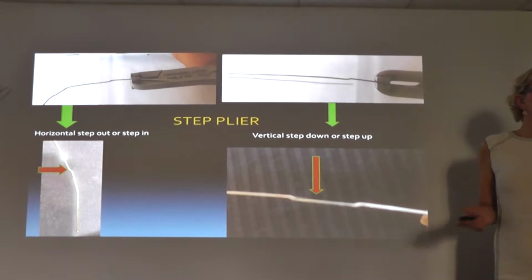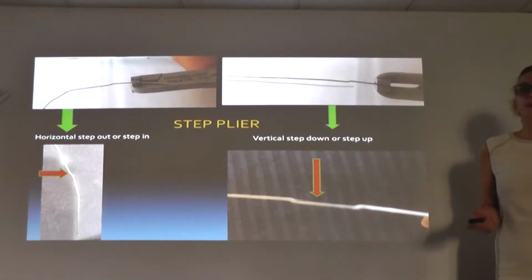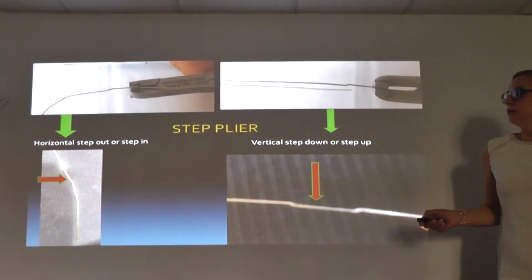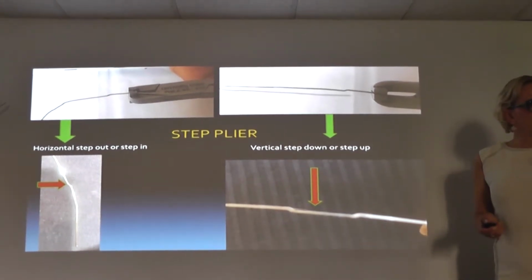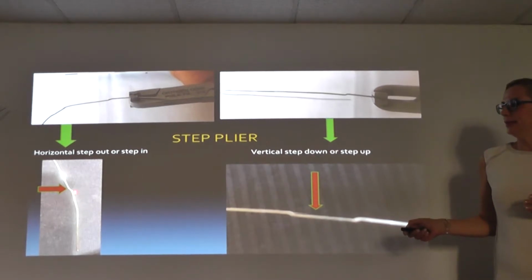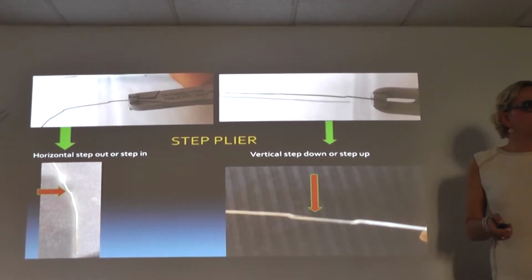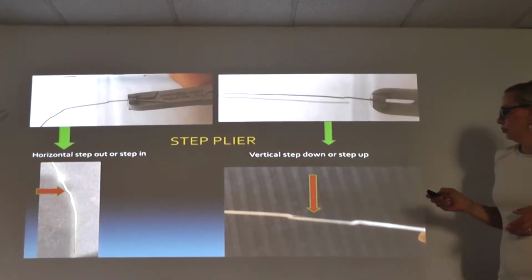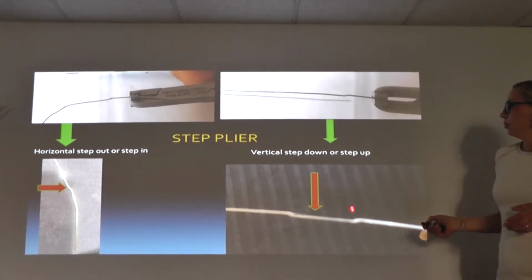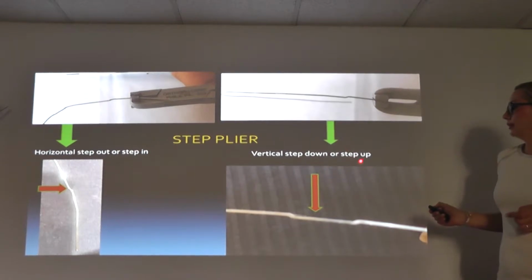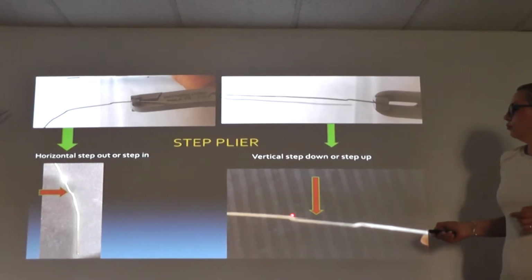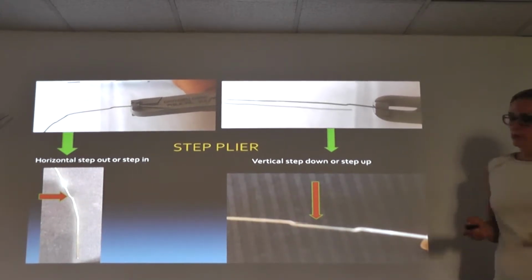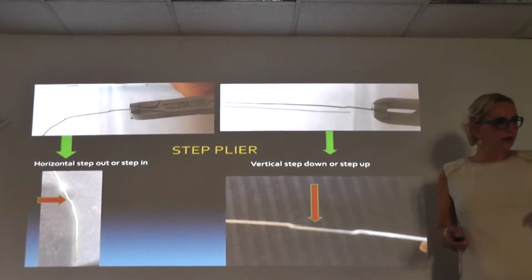It takes only 1 minute or less. Before the tube of the first molar, you will bend this, and the first molar will step out. You can also do vertical step down or step up, taking the plier from the other side.